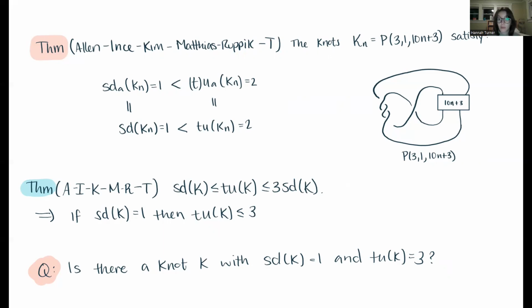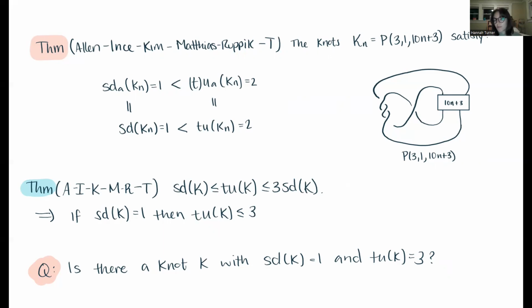So in the examples that we found, the Surgery description number and the untwisting number differ by 1. And what this second theorem is saying is that they couldn't differ by more than 2.